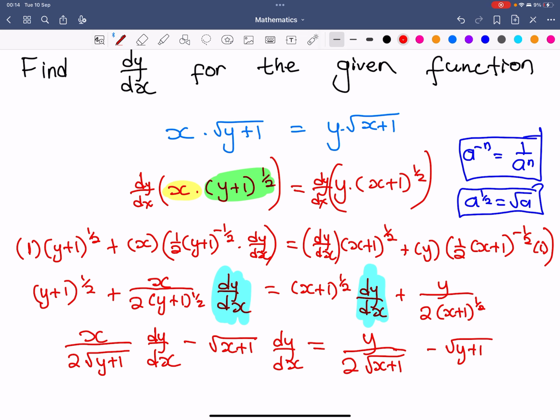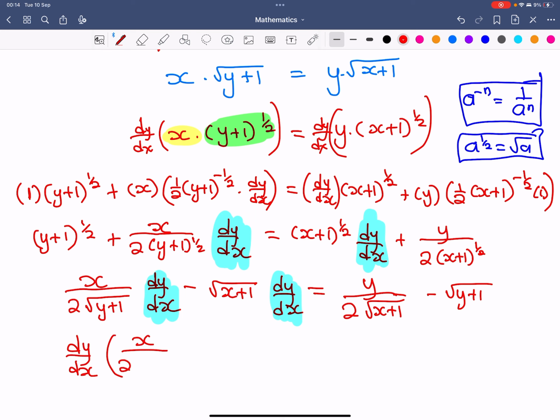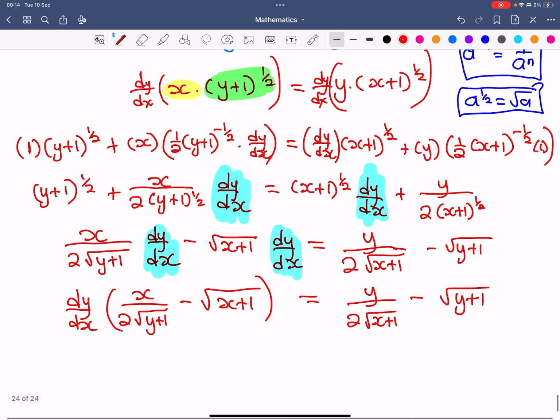Now we can see that on this side, dy over dx is a common factor, so we can take that out. So dy over dx, you're left with x over 2 root of (y plus 1) minus root of (x plus 1), equals y over 2 root of (x plus 1) minus root of (y plus 1).